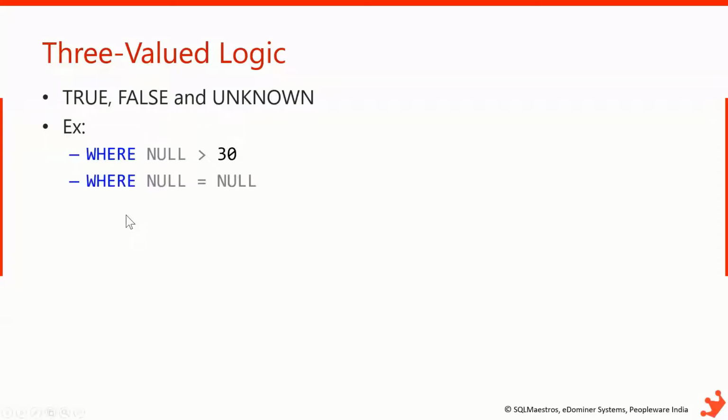We cannot even compare null with another null, because null itself is unknown and another null is also unknown, and we cannot compare two unknowns. So whenever this kind of scenario comes up, SQL Server will always output null.